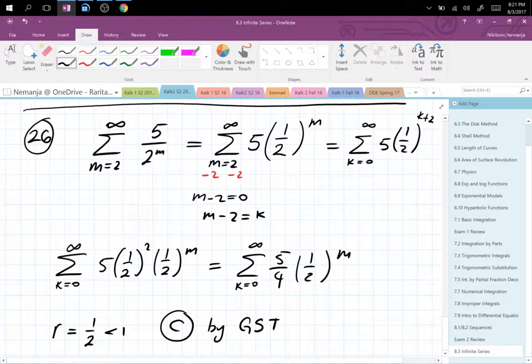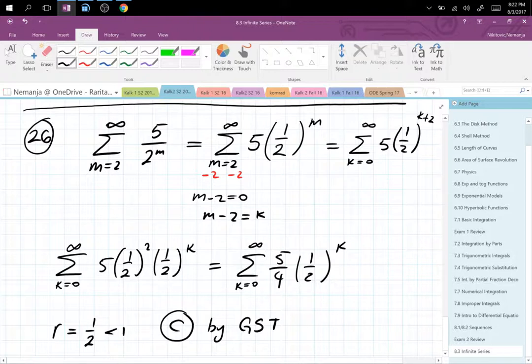These should be k's, right, in the algebra? Yeah, these are k's. So we first subtract 2, then we see that m minus 2, we can call it k or t or n, whatever you want.